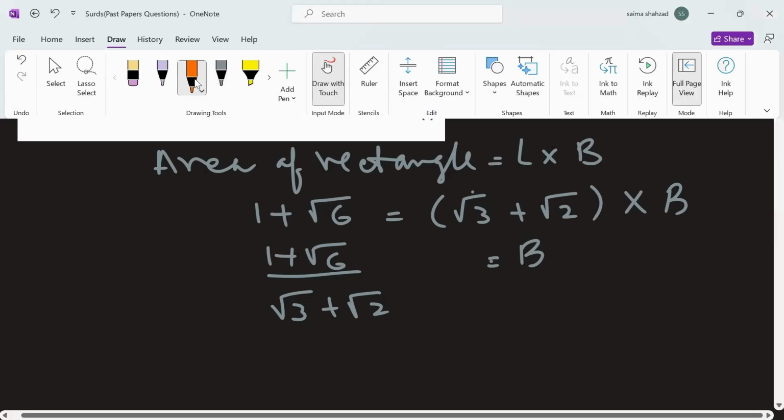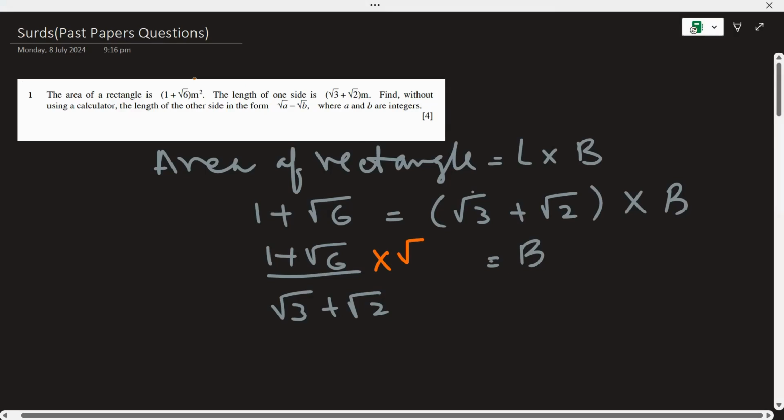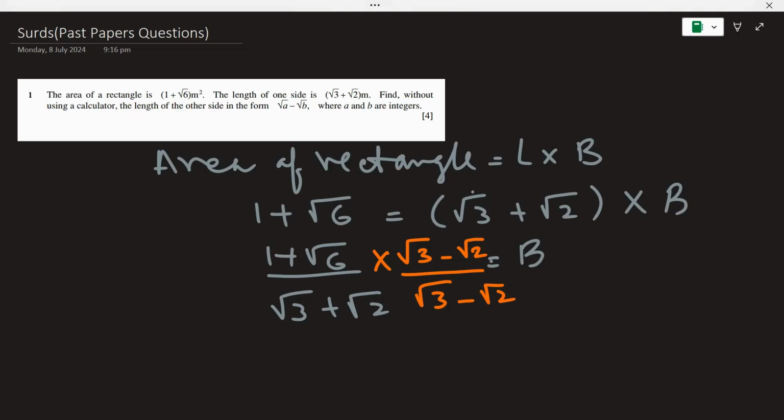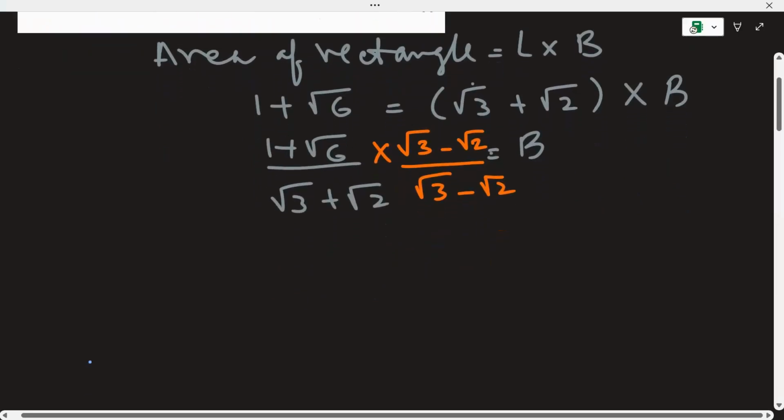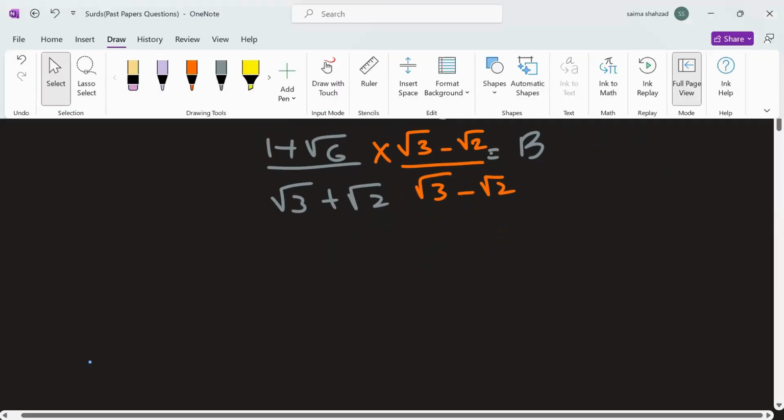So we multiply and divide by under root 3 minus under root 2 to remove surds from the denominator. And now you know how to multiply surds. First we multiply the numerators, and in the denominator you see we can apply an identity.